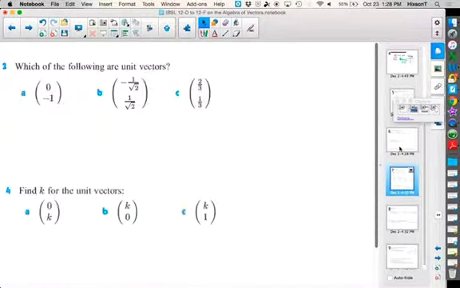The other thing here I'll point out, what's a unit vector again from yesterday? I and J are examples of unit vectors, specific ones.